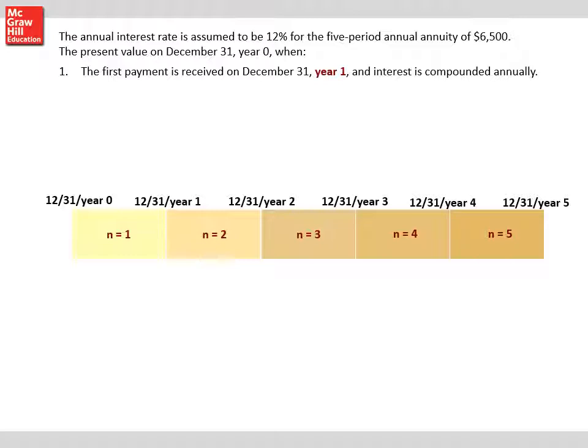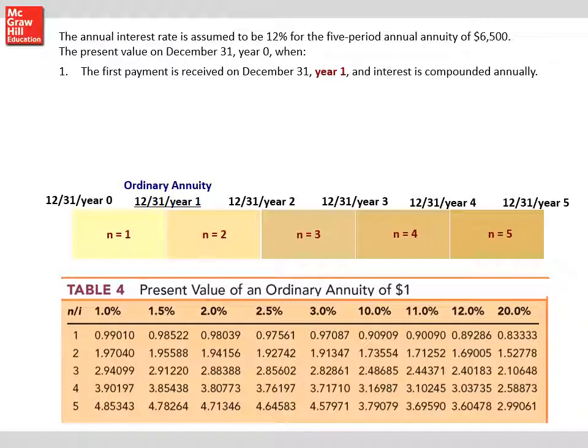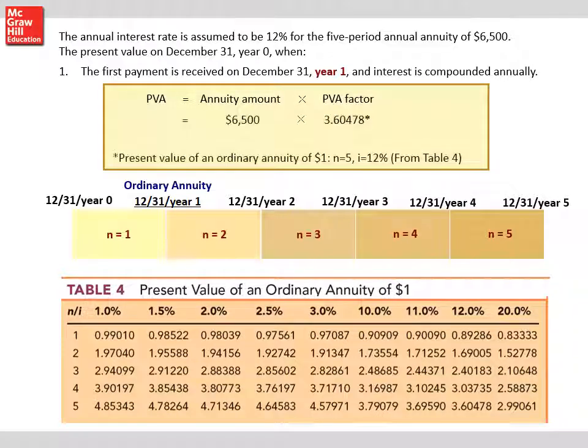So there'll be 5 payments, 12% interest at the end of each year. What are their present values? We will use the present value of an ordinary annuity table, 12%, 5 periods. 3.60478 is your factor. 6,500 times that.